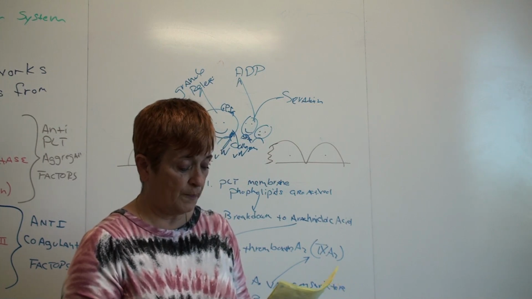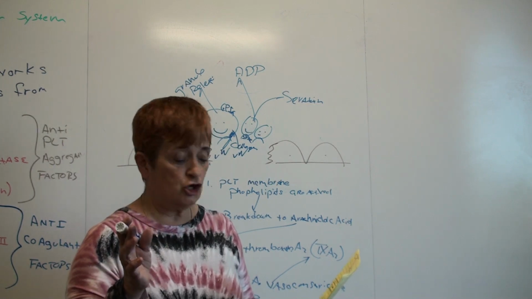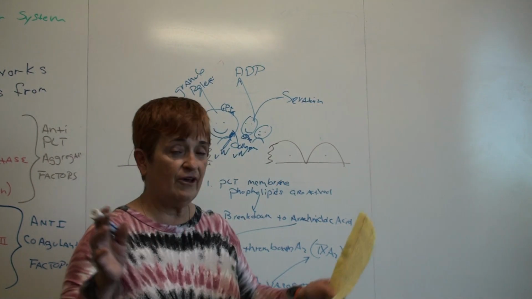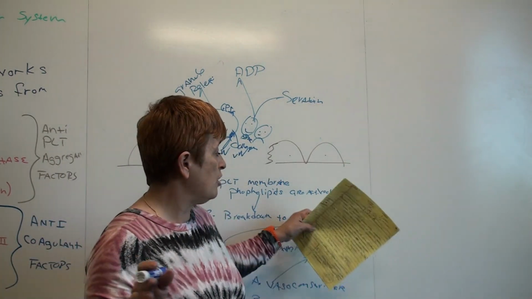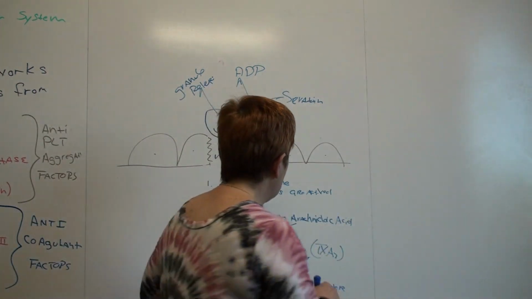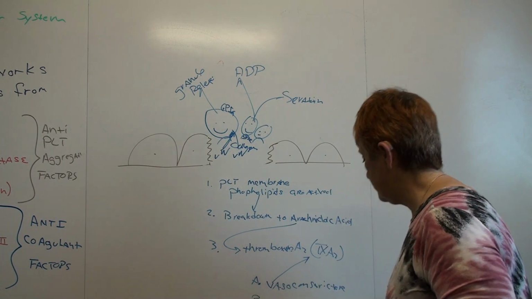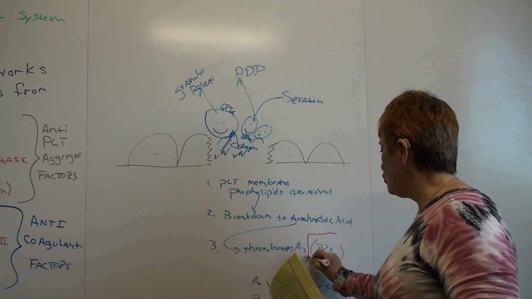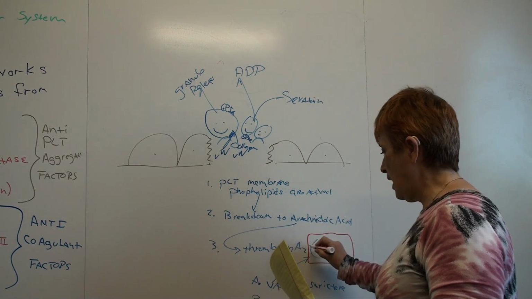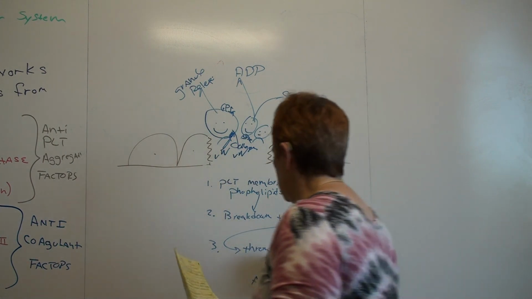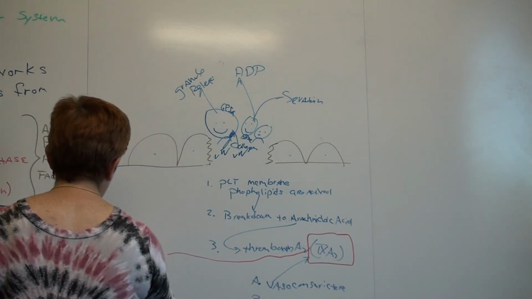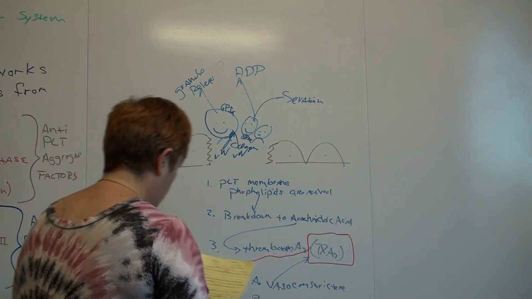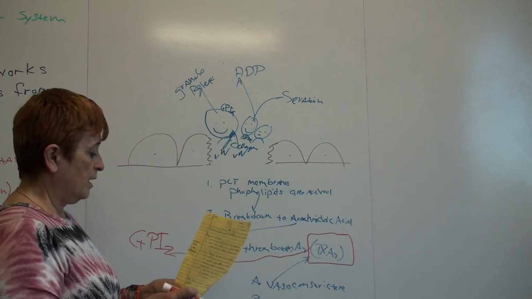All right, so a question I had for you was, what determines what happens in the vascular system? How is all this balanced out? Well, I'm going to have a balance between my thromboxane A2 and my PGI2.